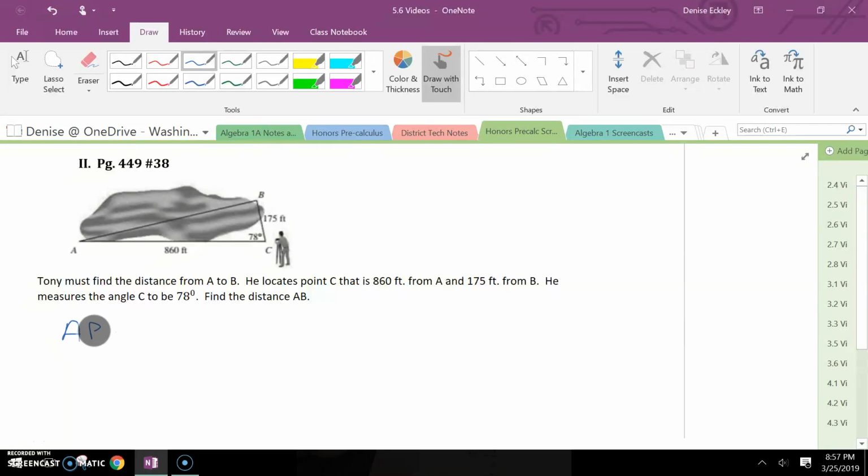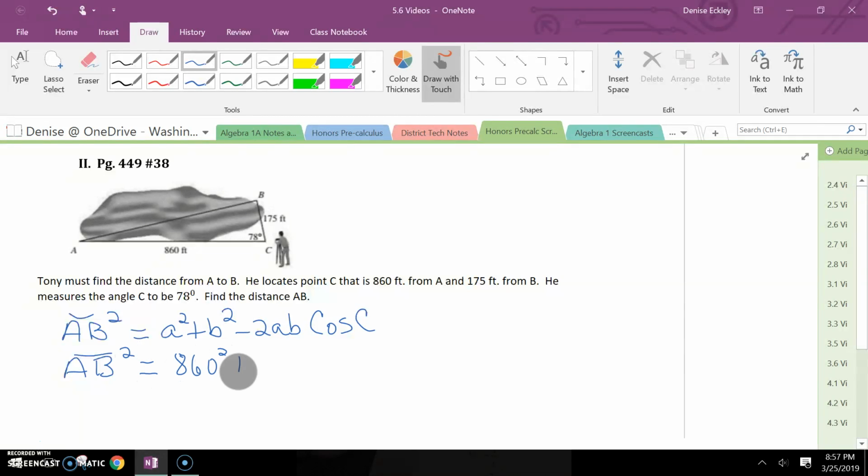So the length of AB squared is going to be A squared plus B squared minus 2AB times the cosine of angle C. So we get that the length of AB squared is going to equal 860 squared plus 175 squared minus 2 times 860 times 175 times the cosine of 78 degrees.